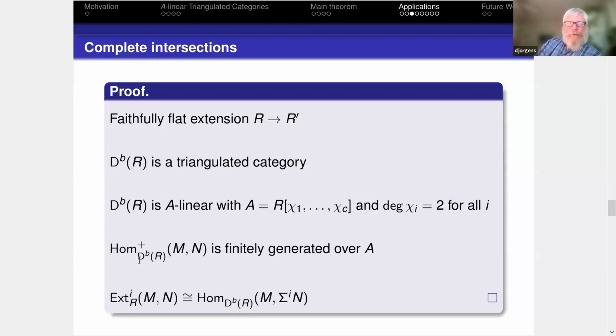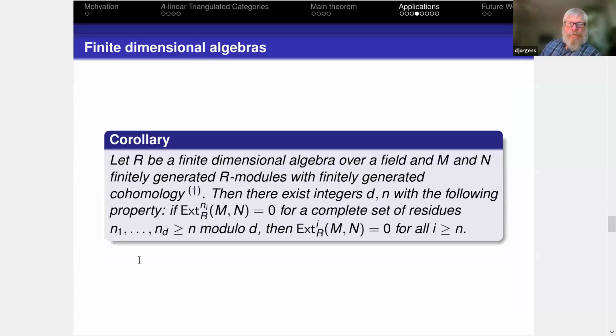We also have another corollary. In this application, we're talking about finite dimensional algebras. So let R be a finite dimensional algebra over a field, and M and N finitely generated R-modules with finitely generated cohomology. I put a little dagger there just to remind me that that's an assumption.